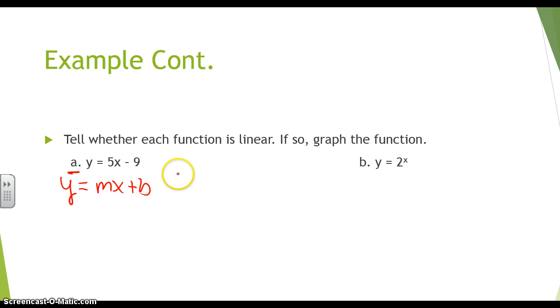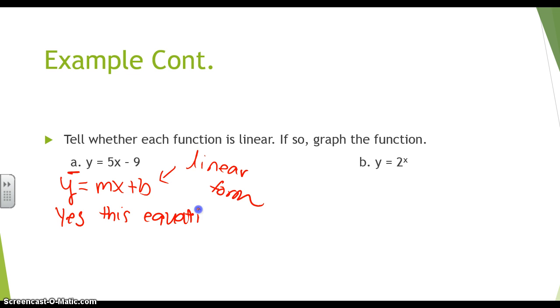And so this is a linear form as well. Is this equation written in the form y equals mx plus b a linear form? It is. So the answer to this is yes, this equation is a linear function.